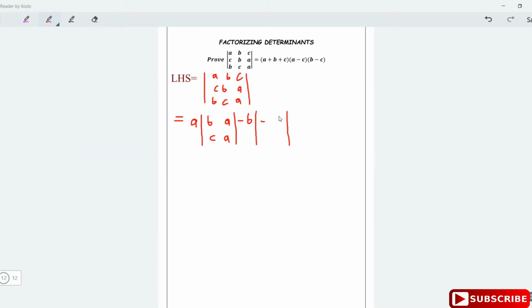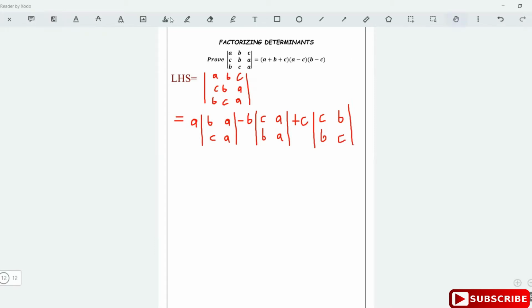C, A, B, A, yeah. And then we're going to get plus C times the determinant of, cross this, this is C, B, B, C. All right, good. Now that we get that, let's see what we can do.